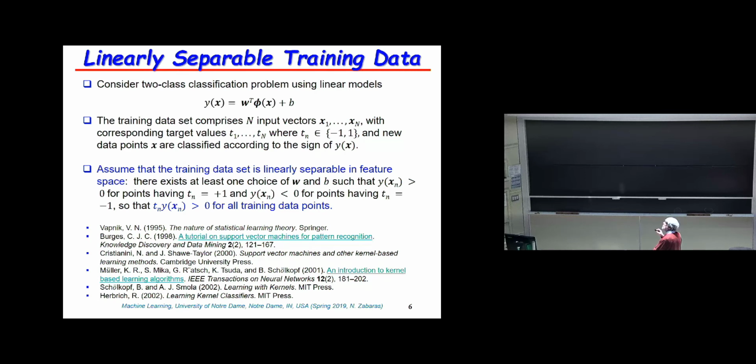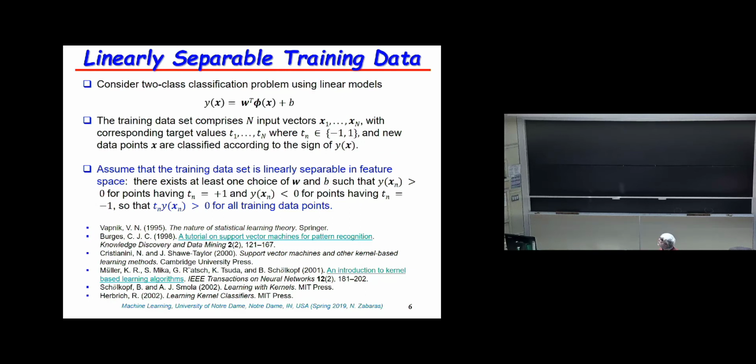Because we want to have linearly separable data, it means that for all training points with tn equal to +1, y(xn) has to be greater than 0, and for all points labeled tn = -1, y(xn) has to be less than 0. Which means, if you check the two cases, for all training data points, the product of tn with y computed at xn has to be greater than 0.